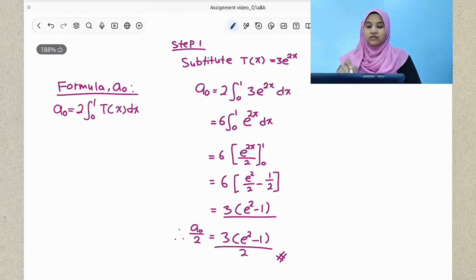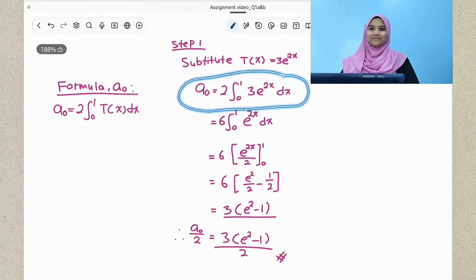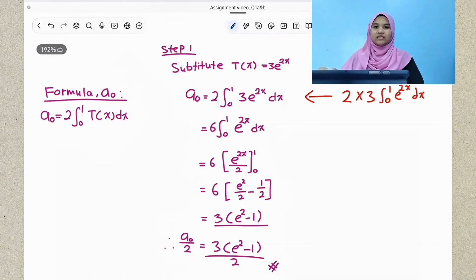So, we get 2 times the integral from 0 to 1 of 3 e to the power of 2x dx. First, I will take the constant 3 outside the integral. So, 2 times 3 gives us 6. So, we have 6 times the integral from 0 to 1 of e to the power of 2x dx.